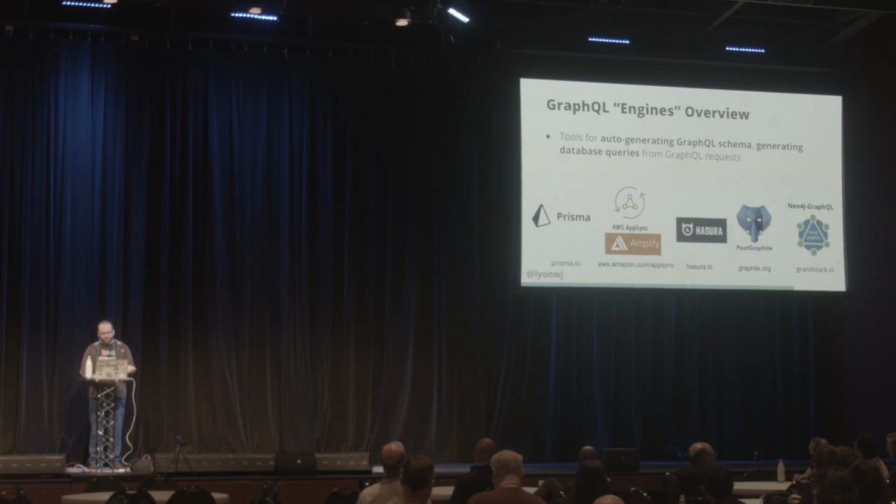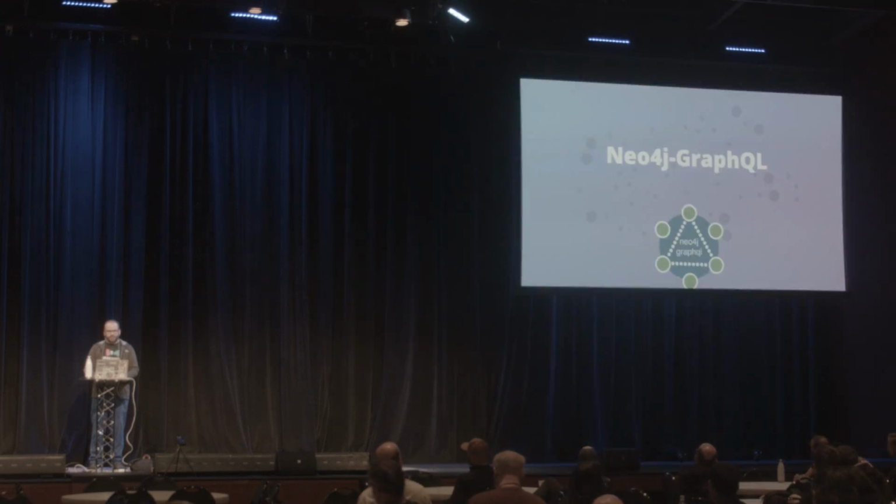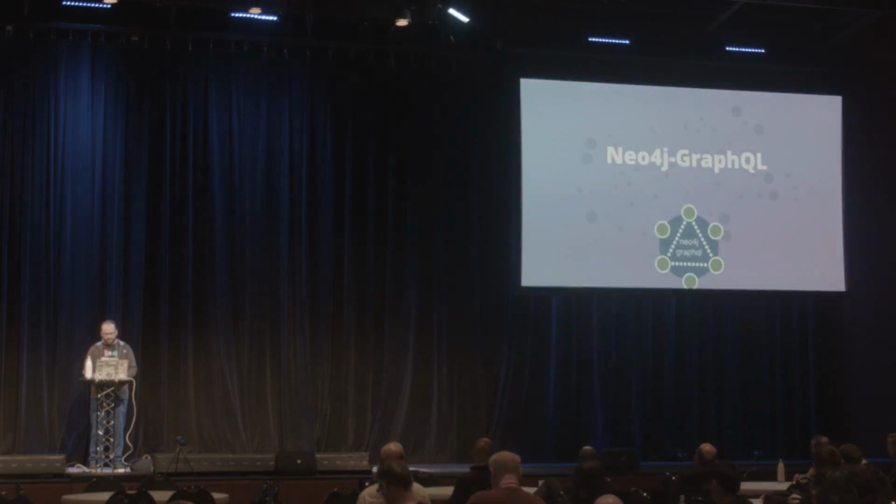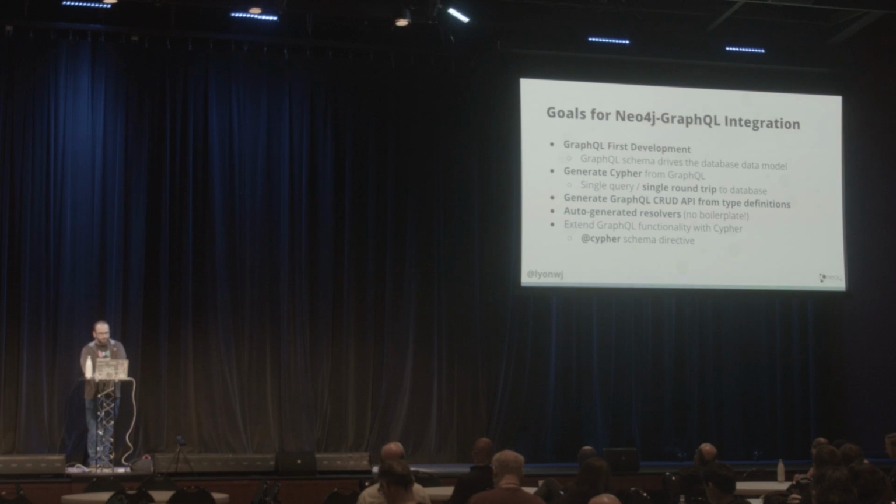Some of these tools work on top of Postgres or Mongo. AppSync, for example, exposes all of your AWS resources as a GraphQL API, and the Neo4j GraphQL integration works with Neo4j. But they're largely addressing similar problems, which we'll talk about in a sec. So let's look at the Neo4j GraphQL integration.